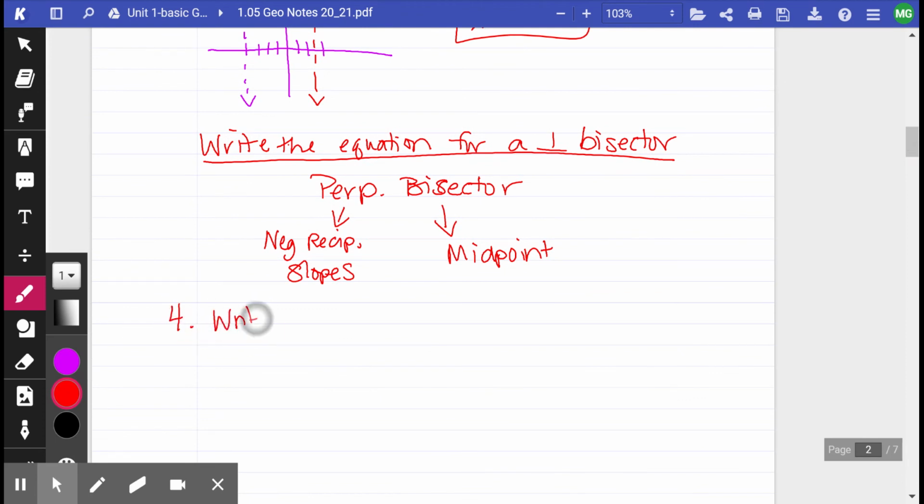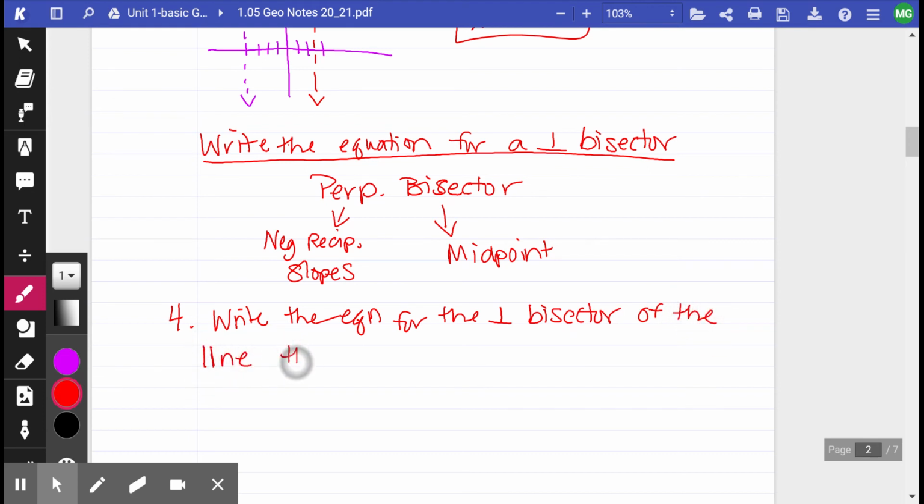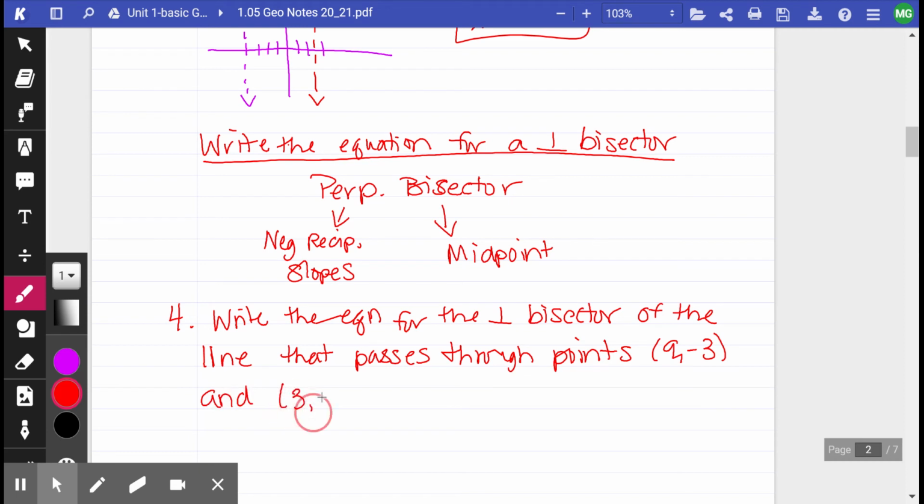So write the equation for the perpendicular bisector of the line that passes through points 9, -3, and 3, -6.